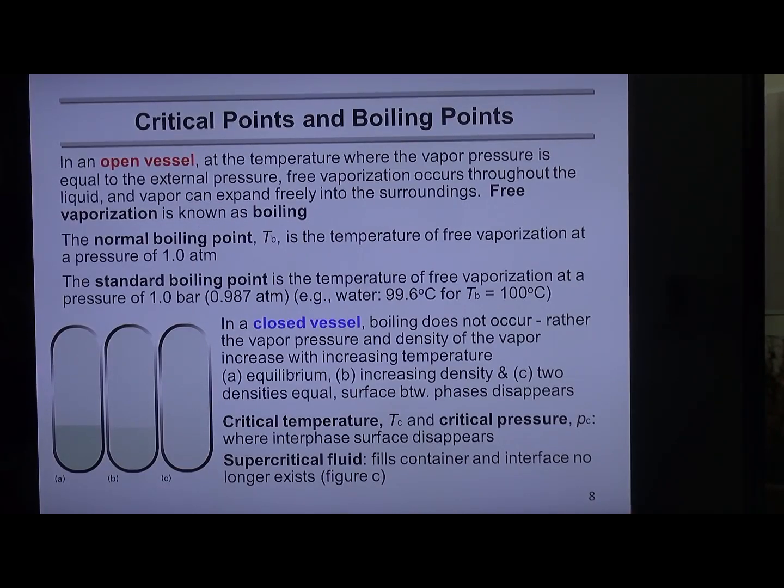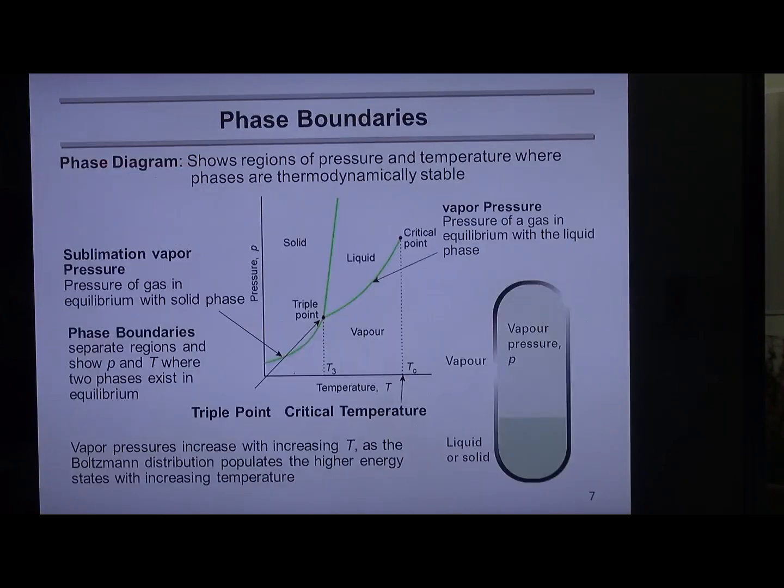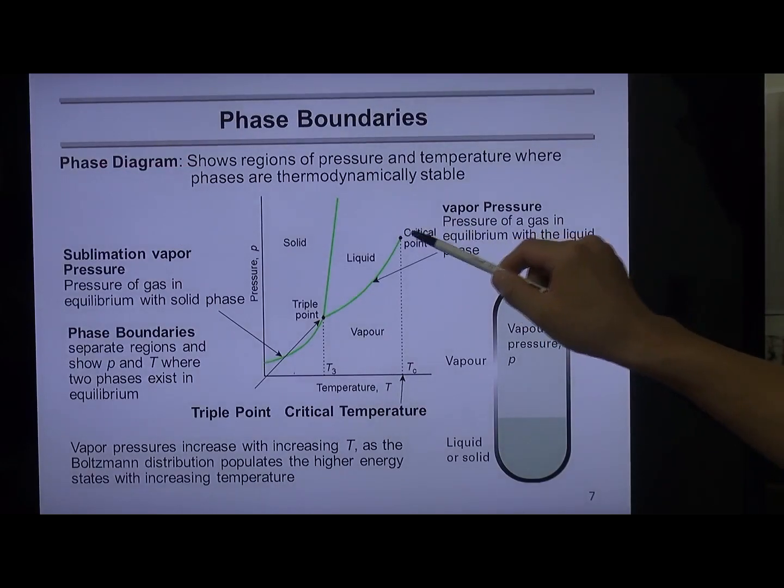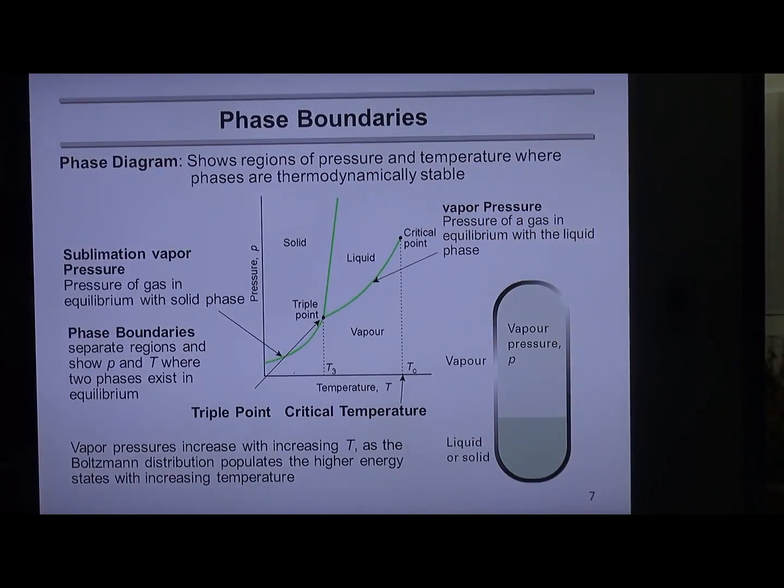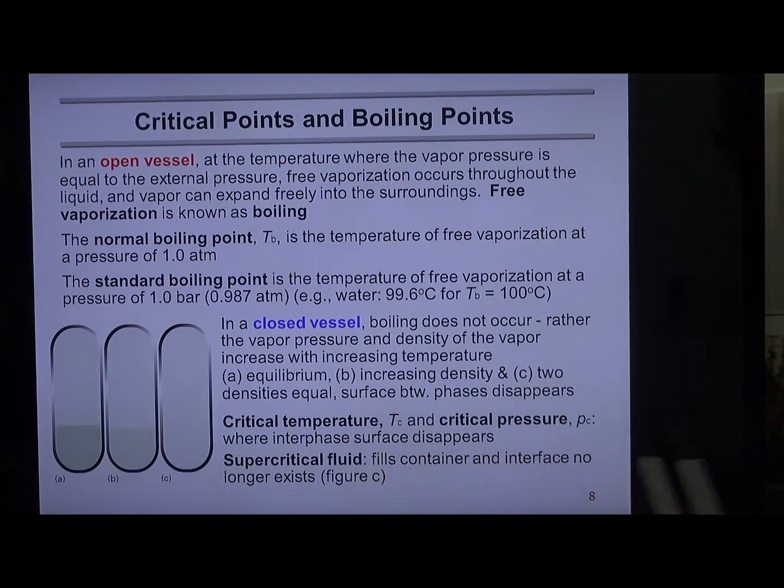The physical state above this critical point, in this region, is called a supercritical fluid. Supercritical fluid has very interesting physical properties because it has both liquid-like and gas-like properties.